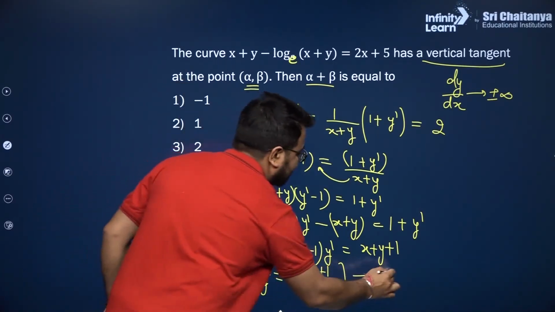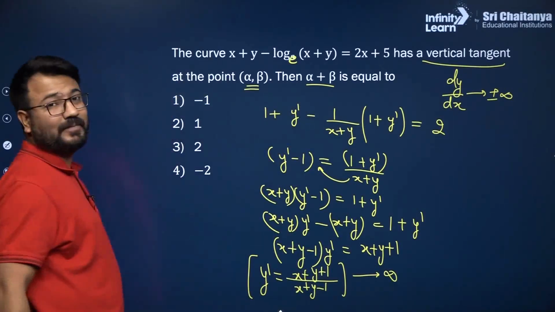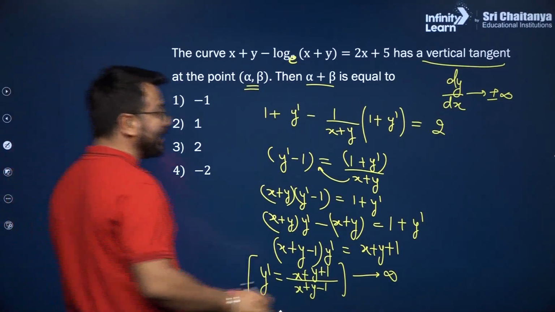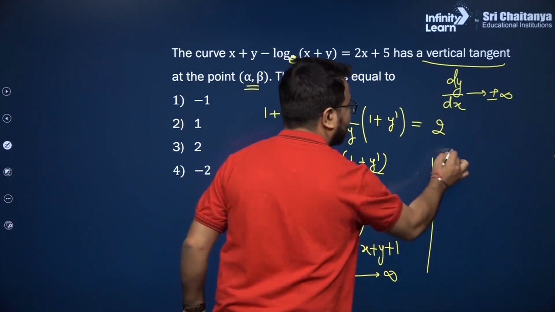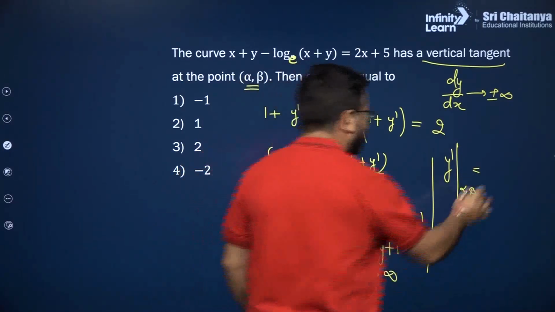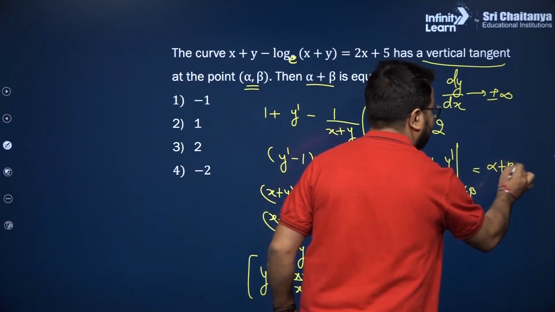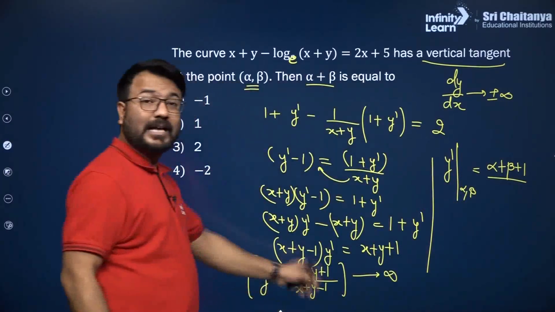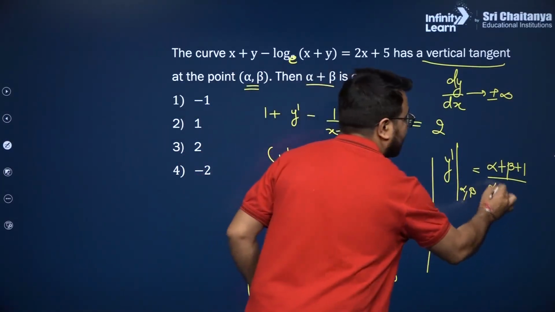Now if this y dash is tending towards infinity at the point (alpha, beta), so if I substitute at (alpha, beta), the expression comes out to be (alpha plus beta plus 1) divided by (alpha plus beta minus 1).